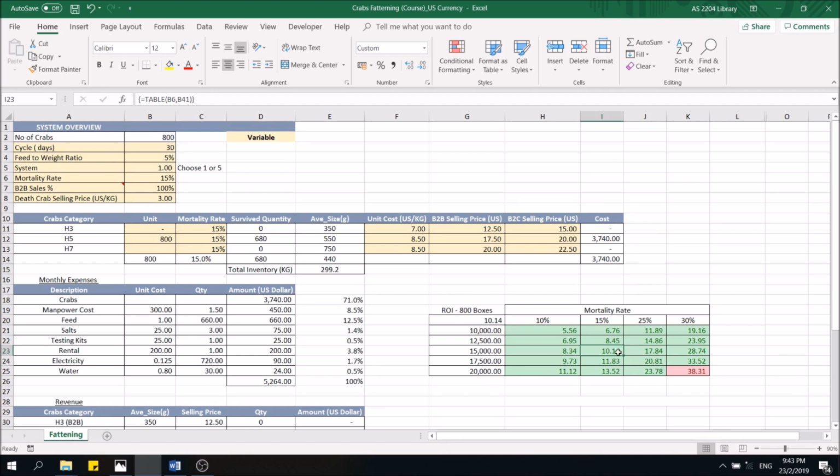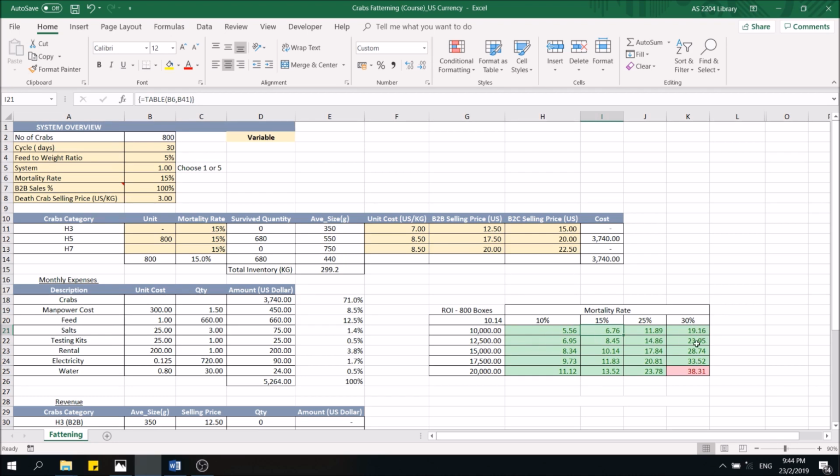So from this table, if you have less capex, it will shorten the returns to 6.76 months. If you have more capex, it will increase your ROI to become 13.52 months to break even. And if you have higher mortality rates, it will give you a longer time to break even.